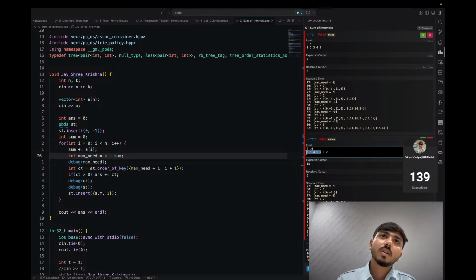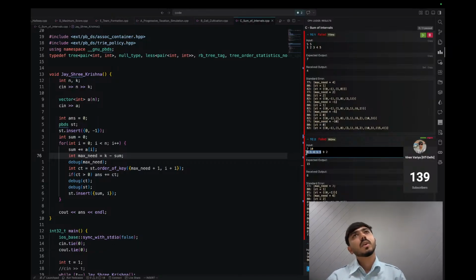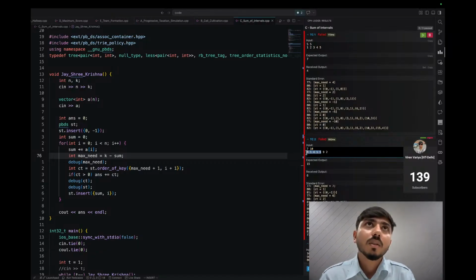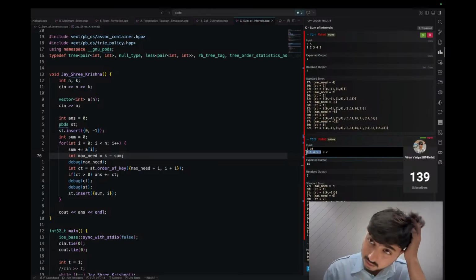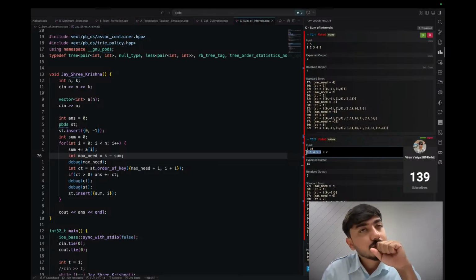That means minus 14 is not possible. So my minimum sum should be at least 4 I should have.